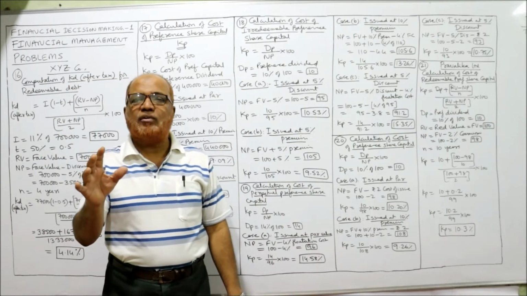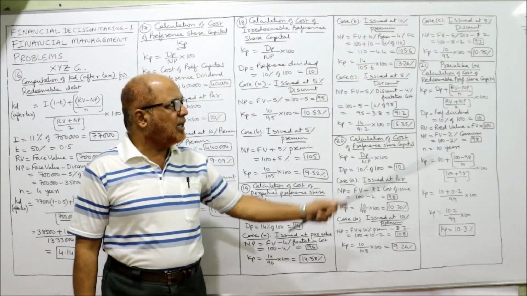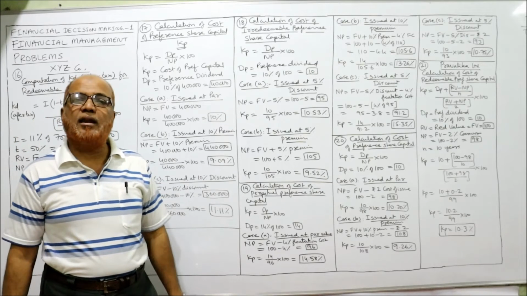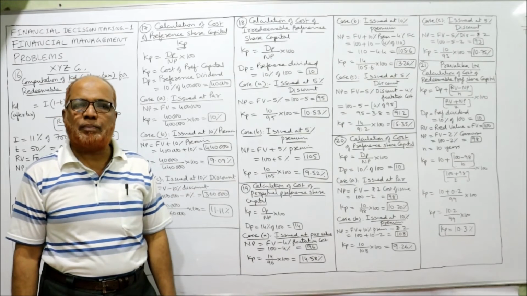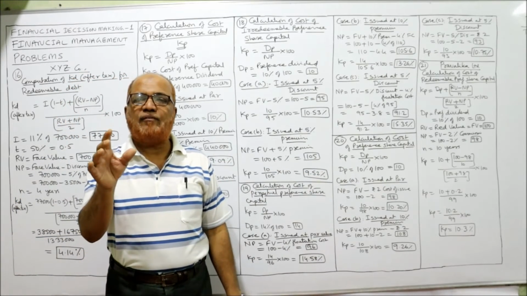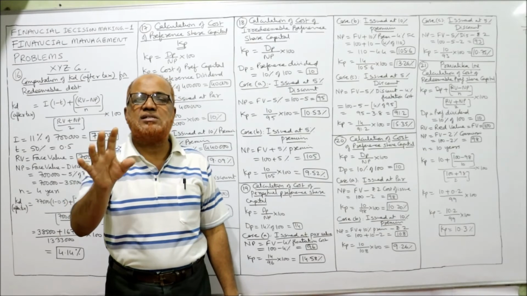Now from here onwards, we have redeemable preferences. Till now, up to the 20th problem, we have completed irredeemable, perpetual preferences. Now we are having redeemable. The formula for redeemable debentures and redeemable preferences is the same.